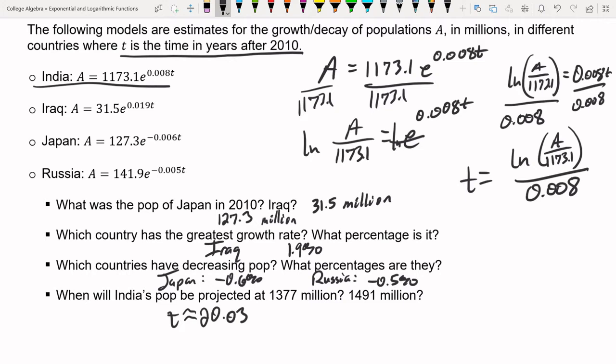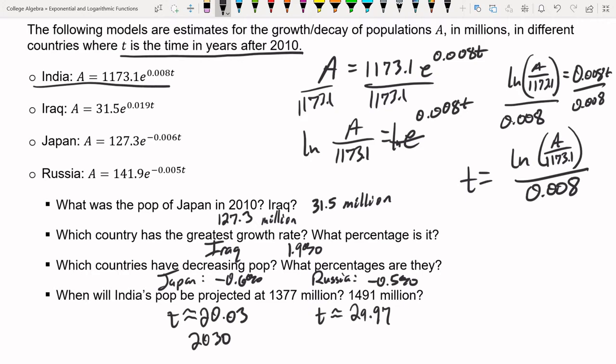And then for the next one, all I'm going to do is change the a into 1491, and that gives me a t approximately equal to 29.97. T is time in years after 2010, which means 20.03 is going to be the year 2030.03, I guess.